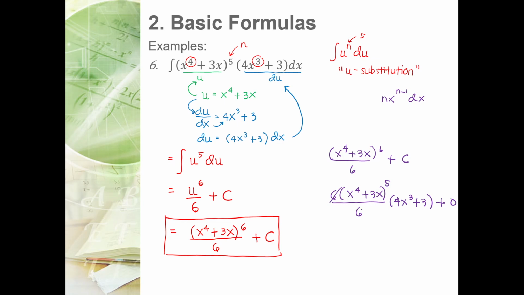Cancel out 6. So the final answer is x to the power 4 plus 3x to the power 5, times 4x cubed plus 3. So it is the same as the original equation.